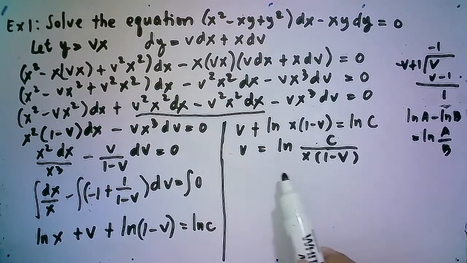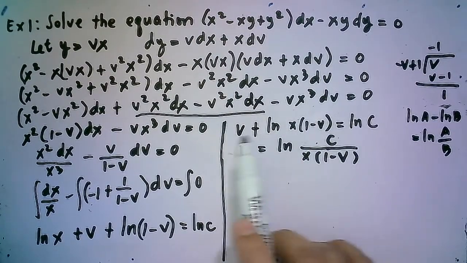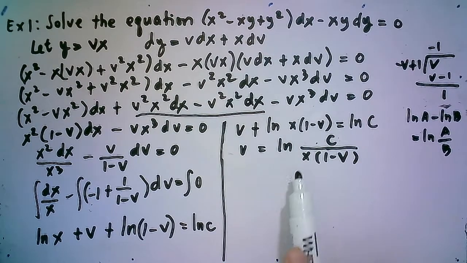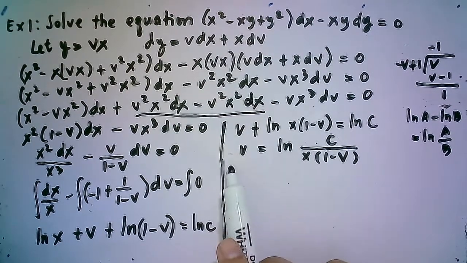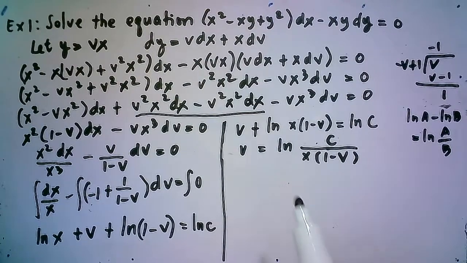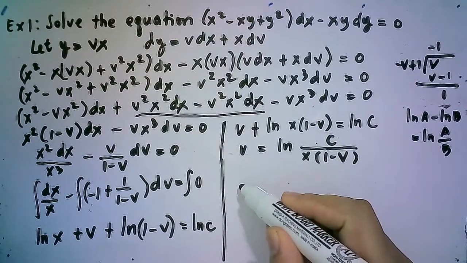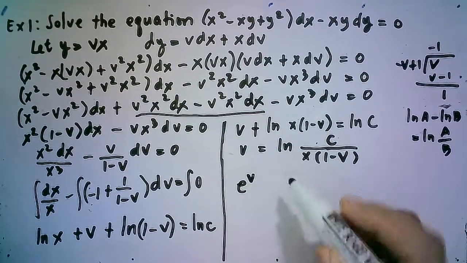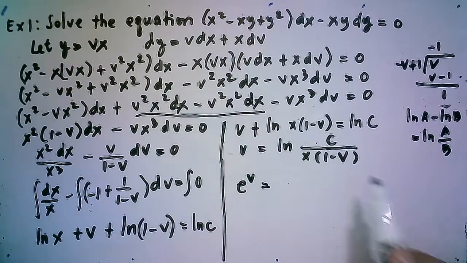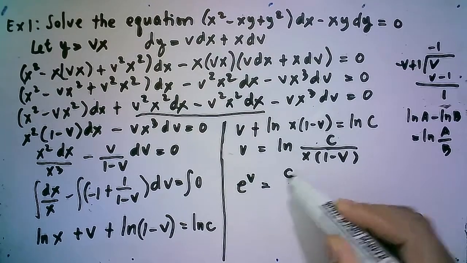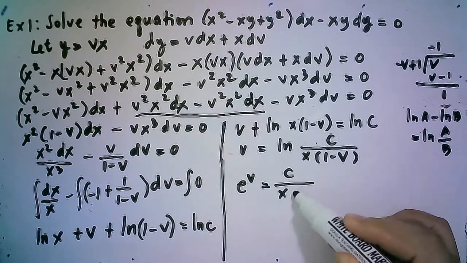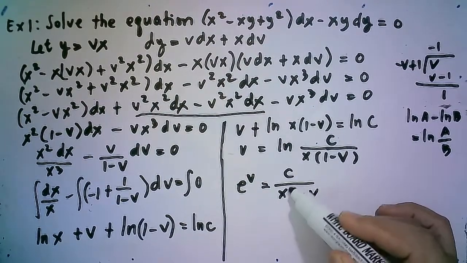So this is what happened to this part. And then if we want to transfer ln to the other side, or by transposition, our equivalent now is e raised to v is equal to c over x times 1 minus v.